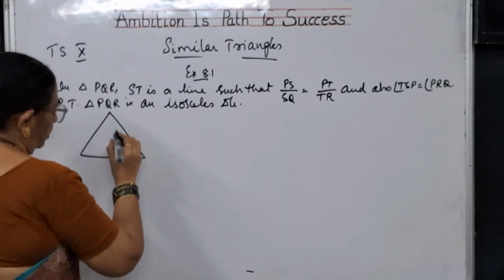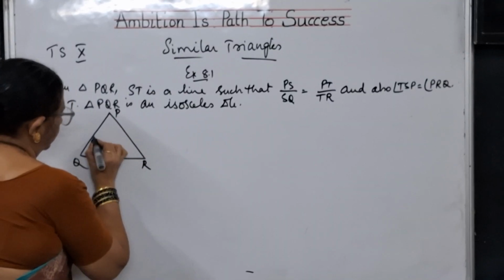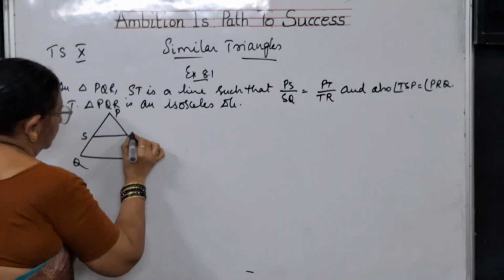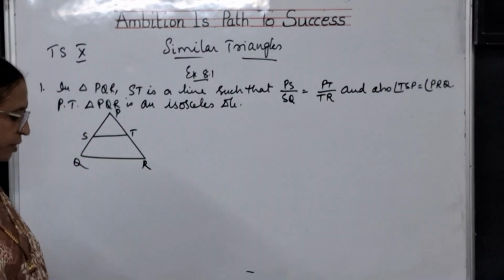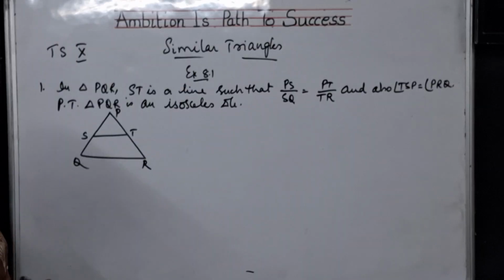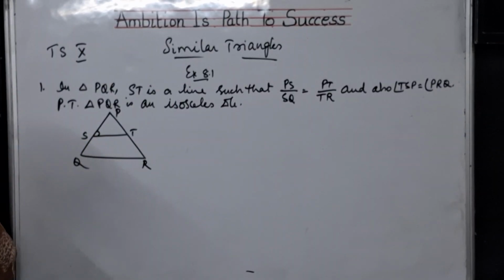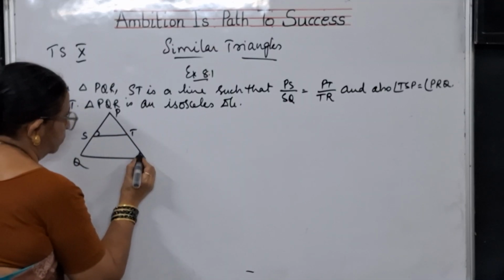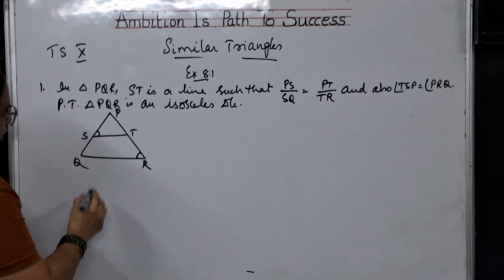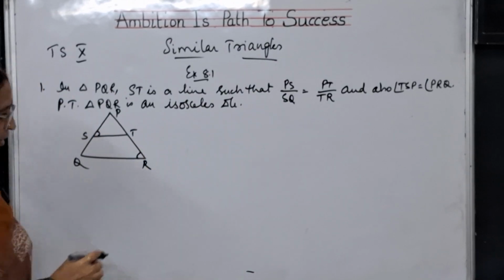This is triangle PQR, and this is S, and T is a line such that angle PST or angle TSP is equal to angle PRQ, and also PS by SQ is equal to PT by TR.